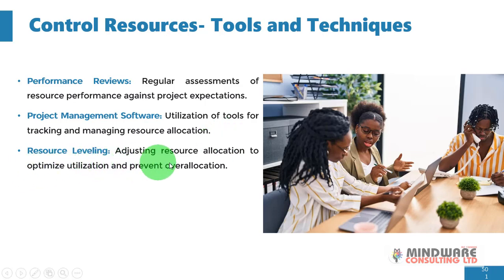Resource leveling, adjusting resource allocation to optimize utilization and prevent over allocation. So you have to have this adjustment in terms of your resource allocation to optimize how they are being used.